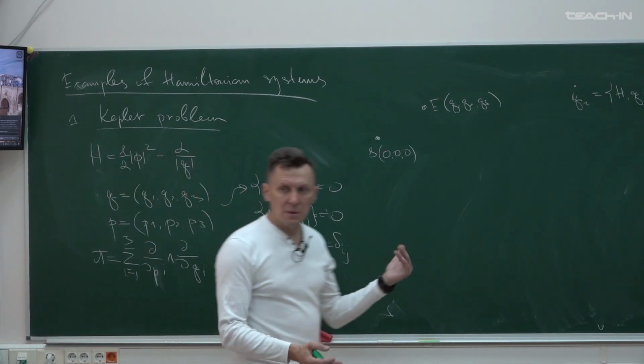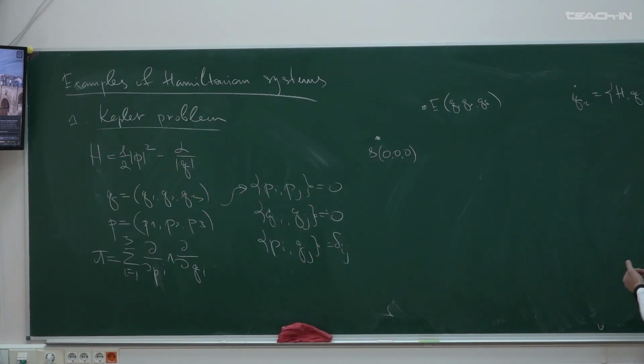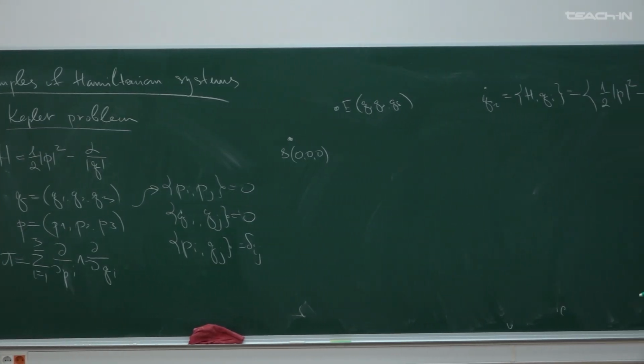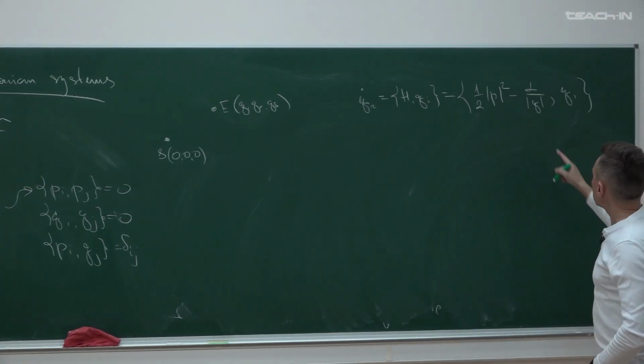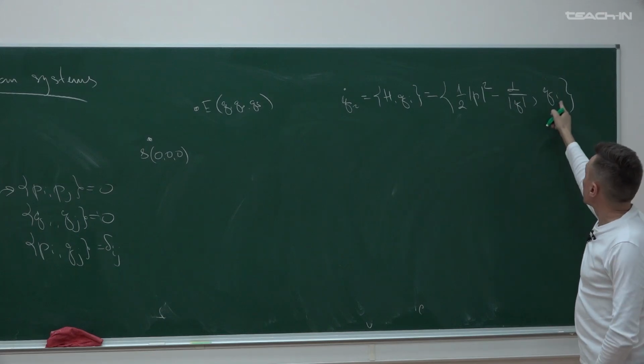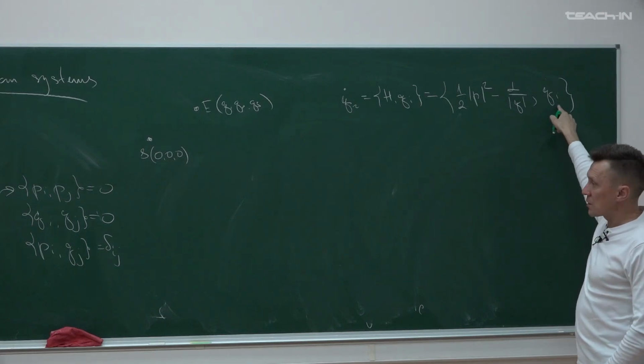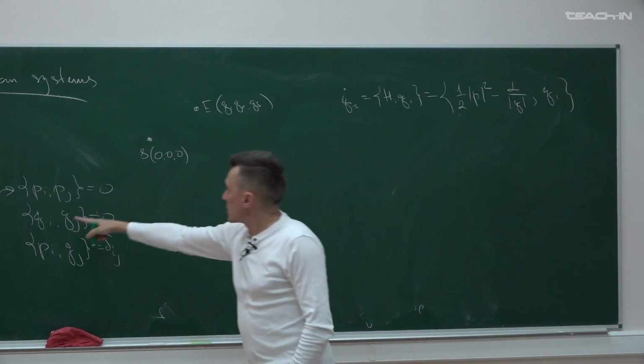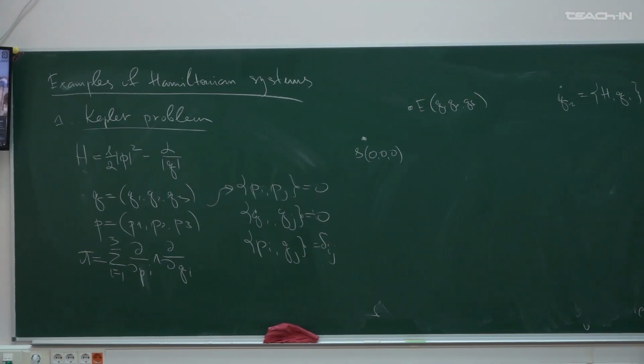And then I will use the Leibniz rule to calculate all the Poisson brackets. It is linear. The Poisson bracket of the potential term is trivial because q with q is always 0 with all components.